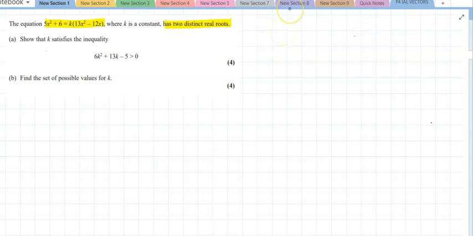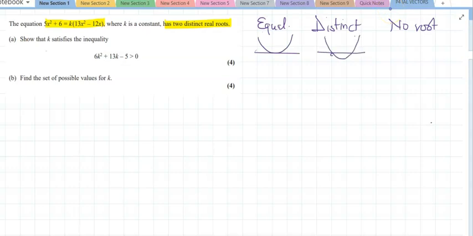The first is equal root, second is distinct, which means different roots, and third is no roots. For equal root, you know that the quadratic graph touches the x-axis. For distinct root, it touches at two places, and for no roots, it's not touching.